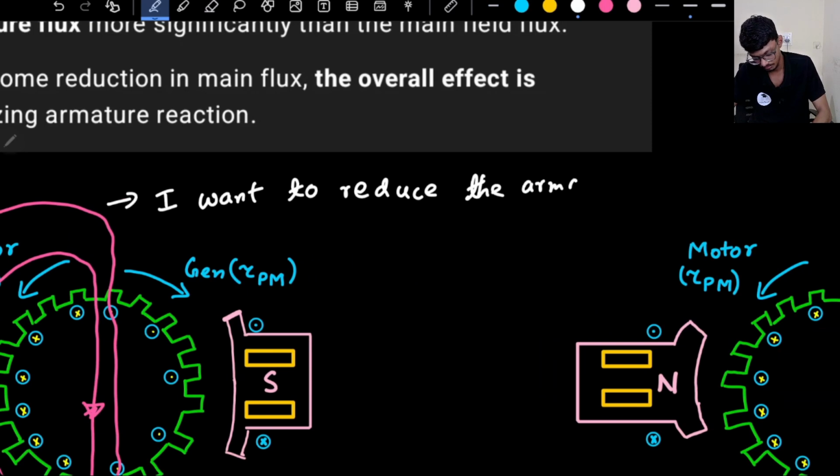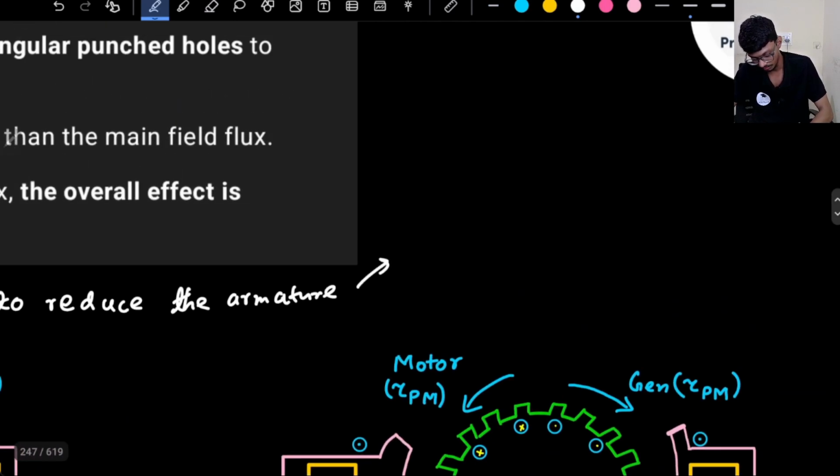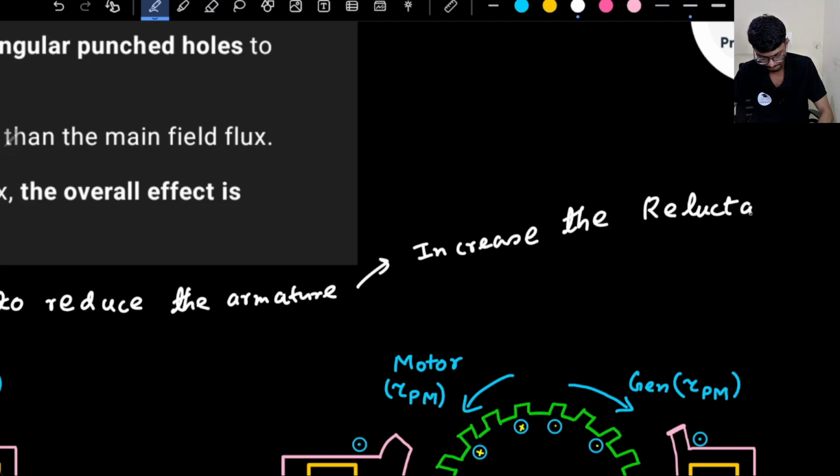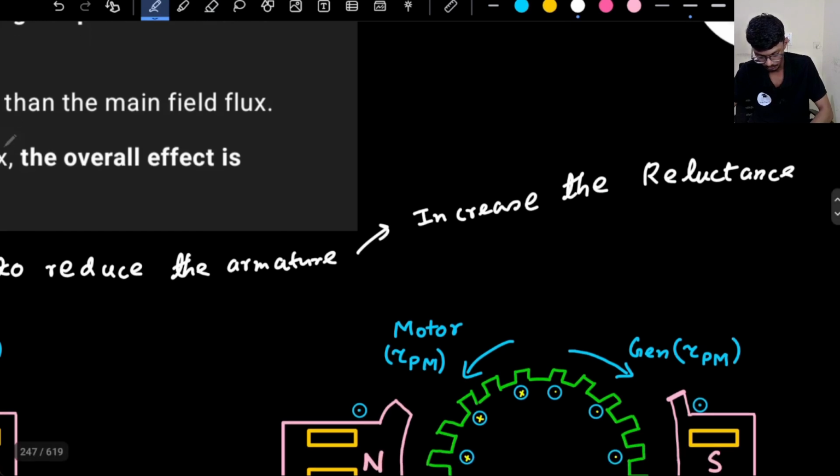So how do I do it? I will increase the reluctance of the flux path.